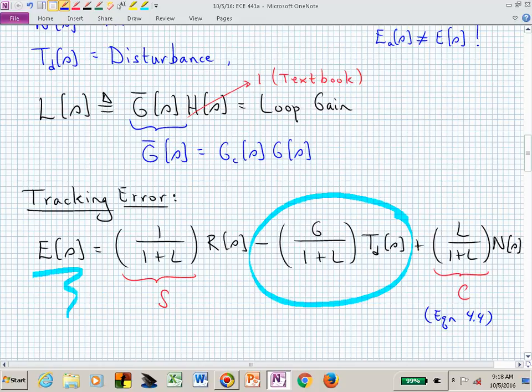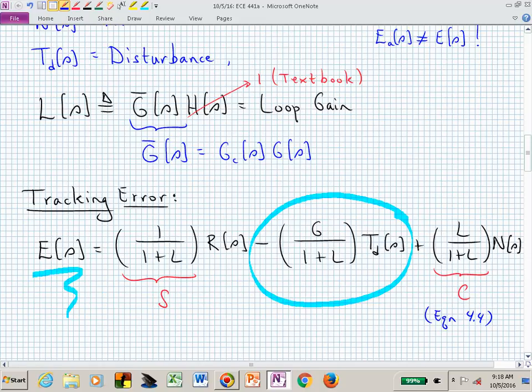So we hope that we have this disconnect between when our reference inputs are active, frequency-wise, low, and when our noise is active, which is high, so that we can make L big at low frequencies and small at high frequencies.